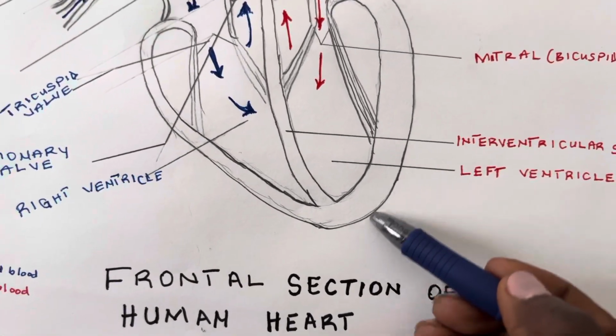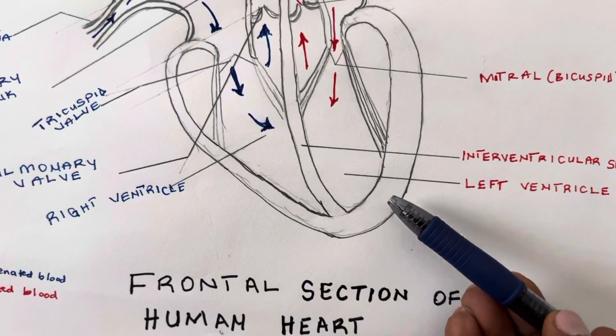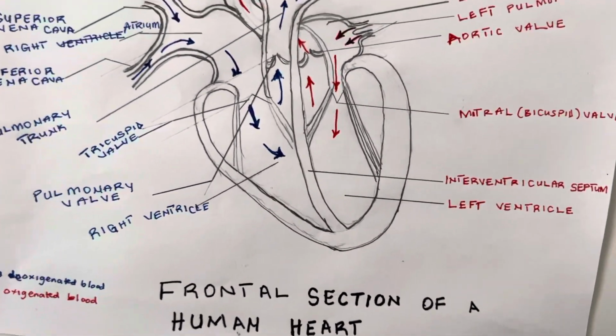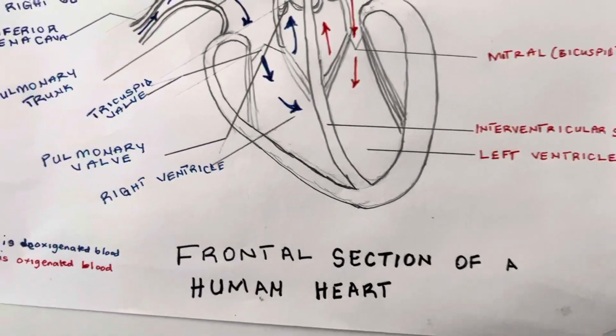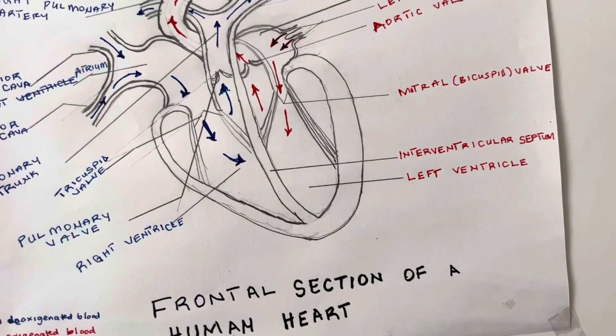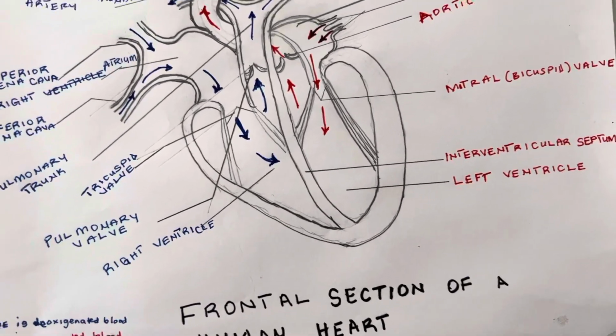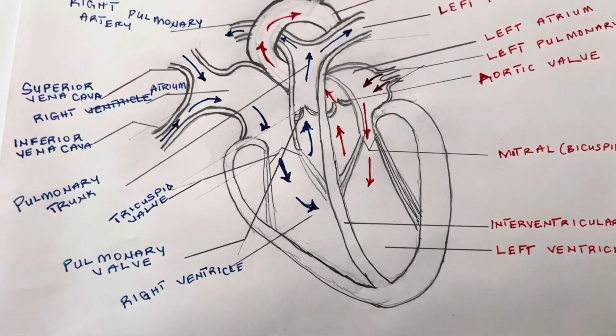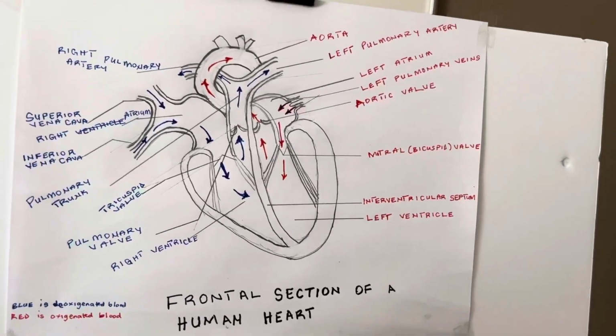So this will be the epicardium, and then the thickest part, the middle part, is the myocardium, and then the innermost layer, which contains blood vessels and nerves, is called the endocardium. This will be the apex of the heart, the bottom here. That's it.